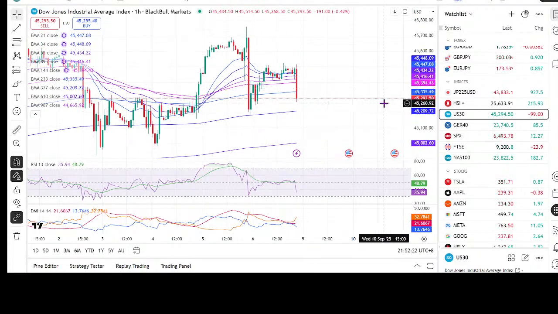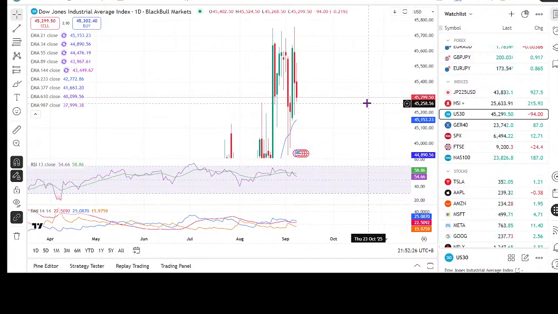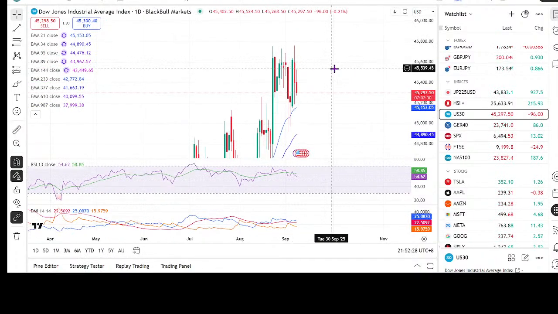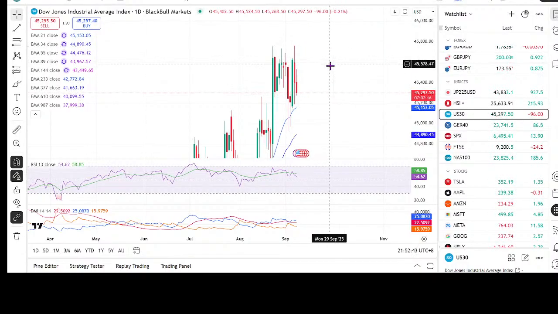Now if you look into the Dow, this is already in a range, and remember Friday we were trying to buy, and we said that 45,750 is critical. Once it breaks, then it can go higher, otherwise it's going to be a failure.